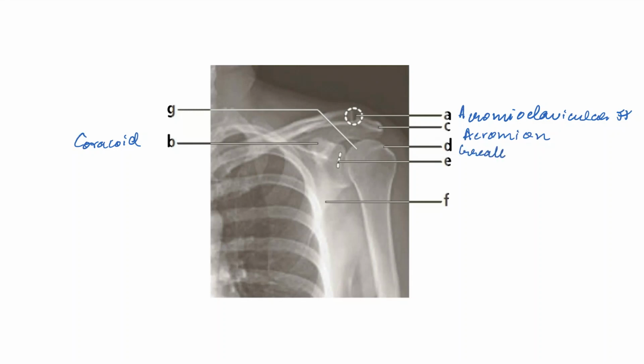D is greater tuberosity of humerus. E is glenoid. F is scapula, and G is head of humerus.